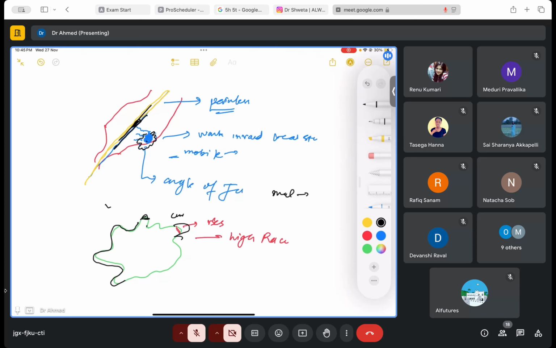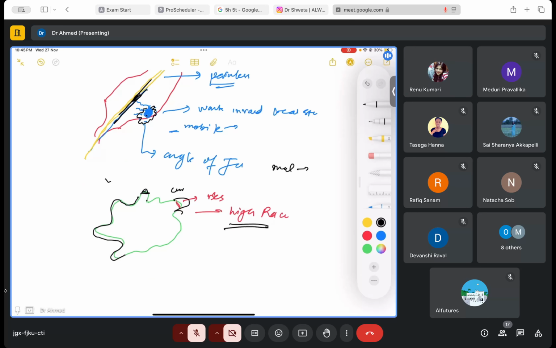Secondly, it's mobile, you can move it. But if you zoom in on the picture, it has irregular borders. For the resection you won't leave even a little bit of cells, because it can reoccur. So if I'm zooming in on the picture, it has irregular borders, and that's why it has increased chances of recurrence, right?